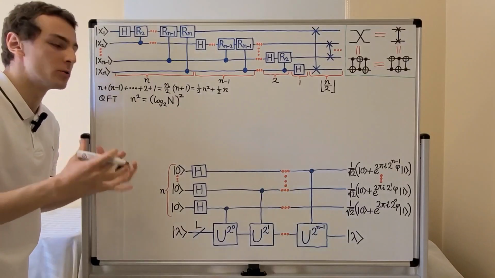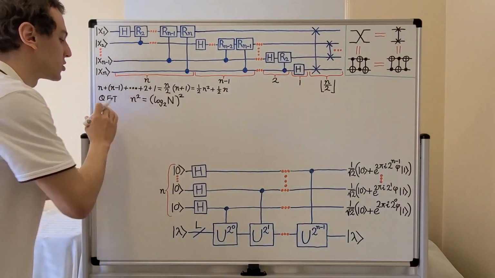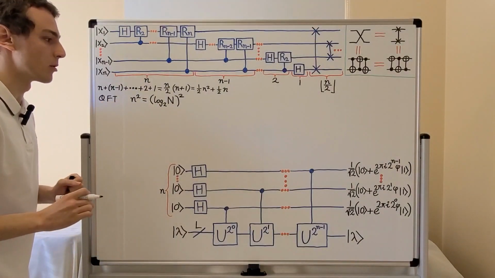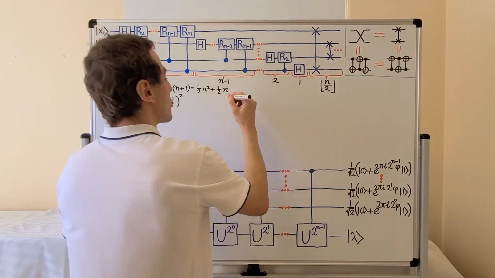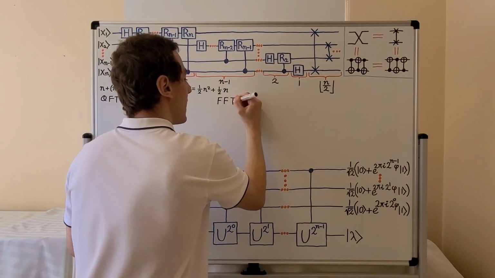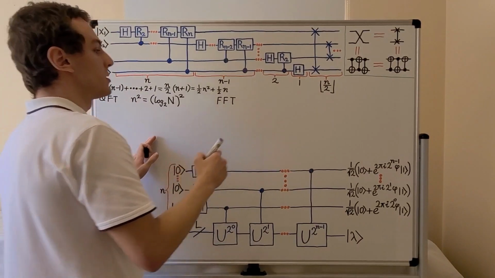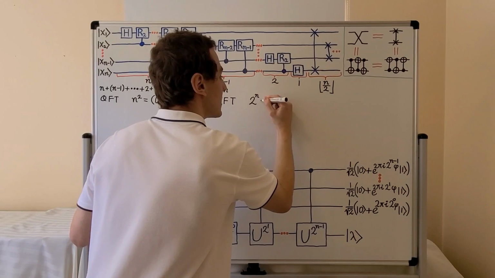And we will introduce big O notation when we compare some quantum algorithms in later videos. So that is the quantum Fourier transform. Let's compare the quantum Fourier transform to the fast Fourier transform. So the fast Fourier transform, or FFT, this one grows as 2 to the power of little n times n.